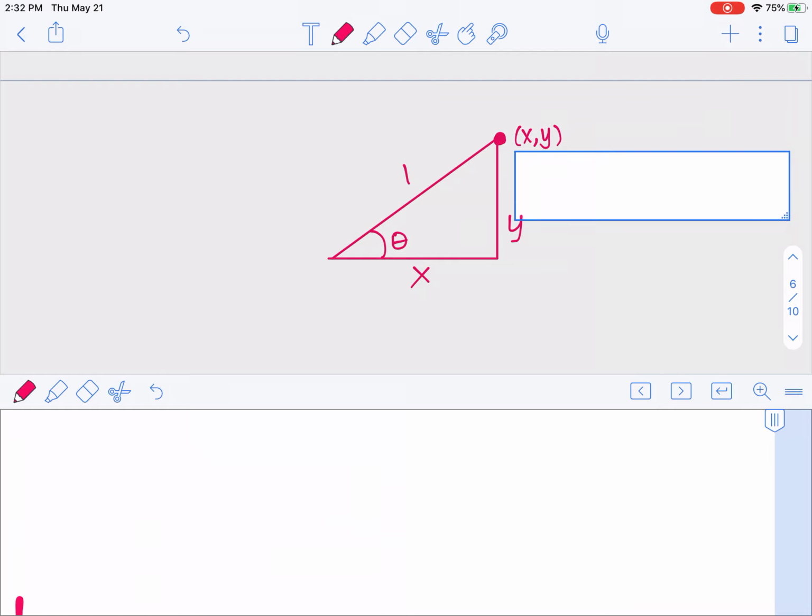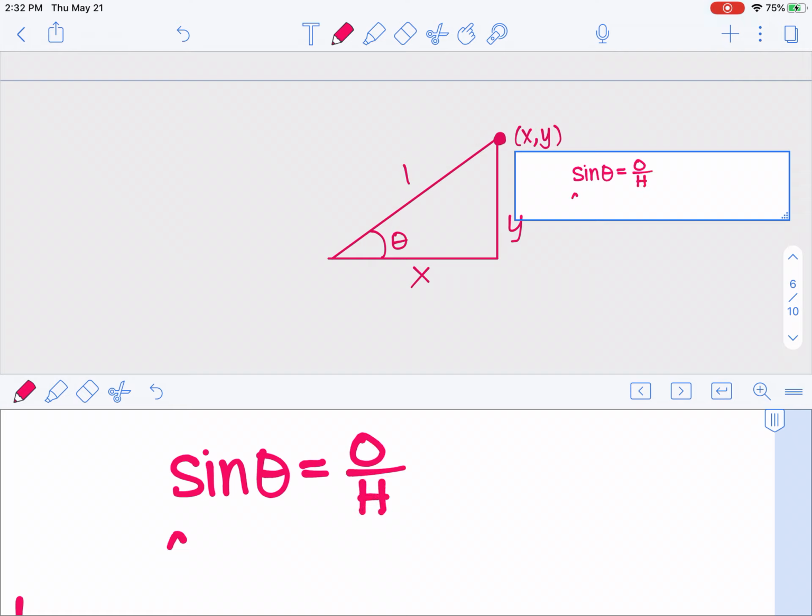Well, it also turns out we have some other trig stuff. So back in the day when you learned SOHCAHTOA, right, you learned that sine of theta is the opposite over the hypotenuse, and cosine theta is adjacent over the hypotenuse. Well, let's just take a quick look at this.